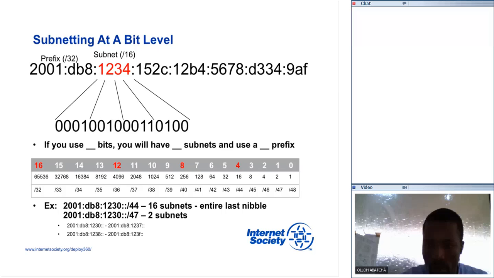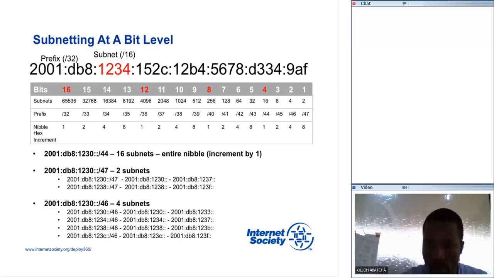So you could give somebody 1230, 1231, 1232, 1233, 1234, etc. You'd be going on that nibble, the last nibble for a /44. I'm sorry, I was correct here on the last nibble. Confused there for a moment.